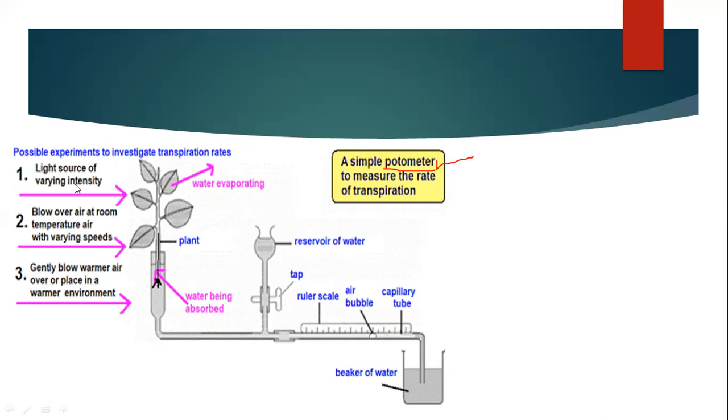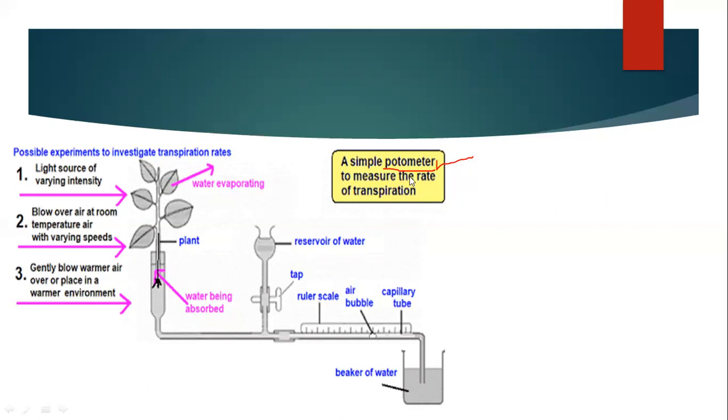Don't test many; only change one variable. And what we are measuring is the rate of transpiration. How to measure the rate of transpiration? By measuring the distance moved by this air bubble in time units, and we'll see after a while. So only test one variable each time and keep the other variables more or less constant.